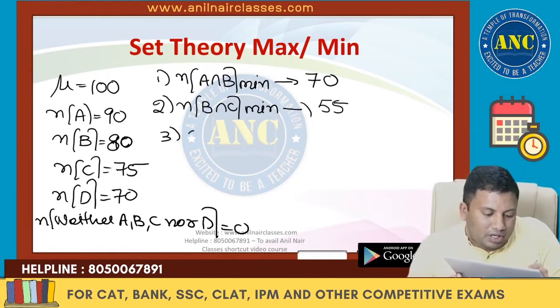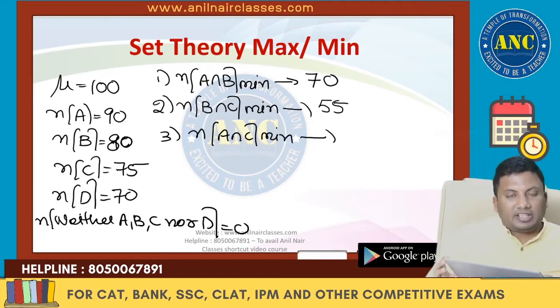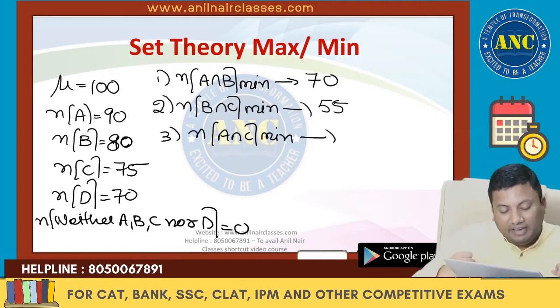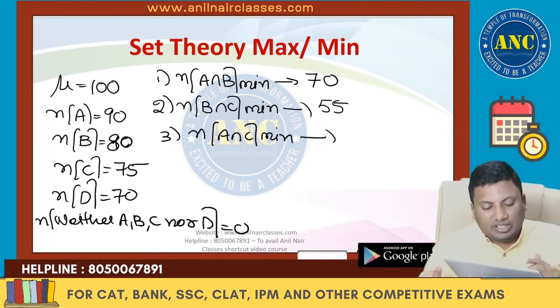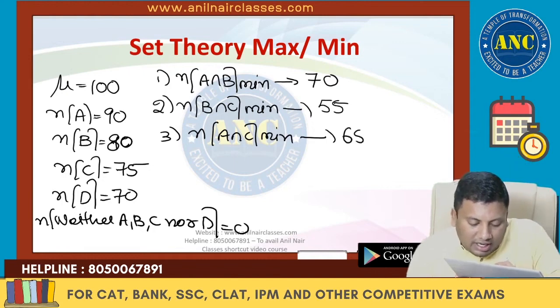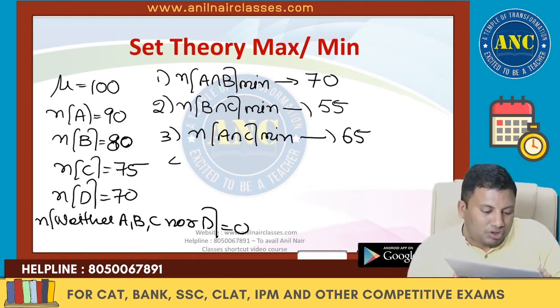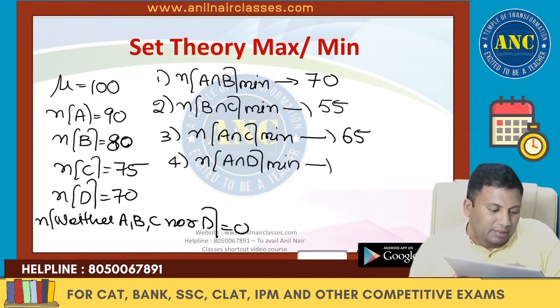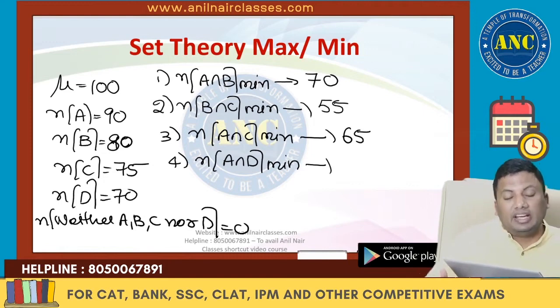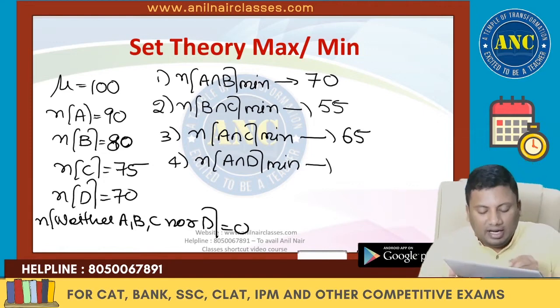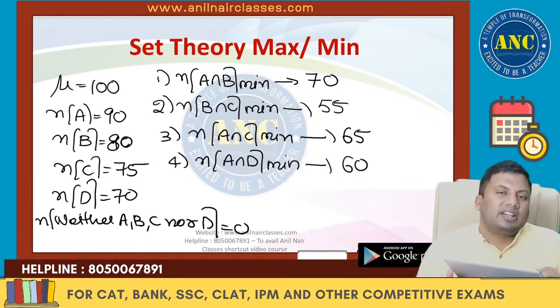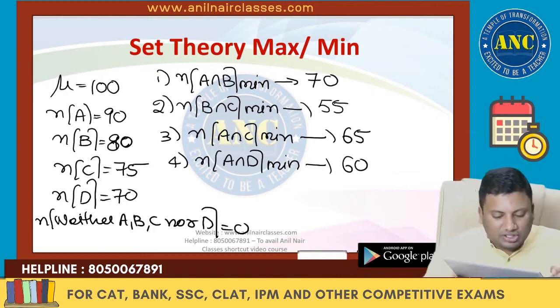Third one, N of A intersection C minimum, 90, 75, separate it, 165, how much more than 100? 65. Fourth one, N of A intersection D minimum, 90, 70, 160, more than 100, 60. If it is less than, then the value is 0. That will be my next question.